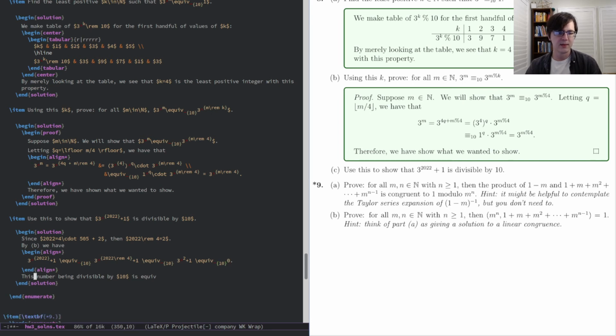So a number being divisible by 10 is equivalently that it is 0 modulo 10. So by the above, we have that 3 to the 2022 plus 1 is divisible by 10.